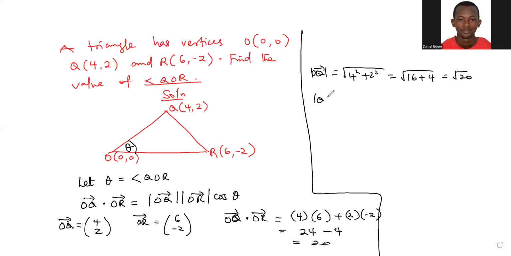Then your OR formula also will be 6 squared plus minus 2 squared, which is 36 plus 4, giving you square root of 40. You can choose to break these down, to 2 root 5 and 2 root 10.